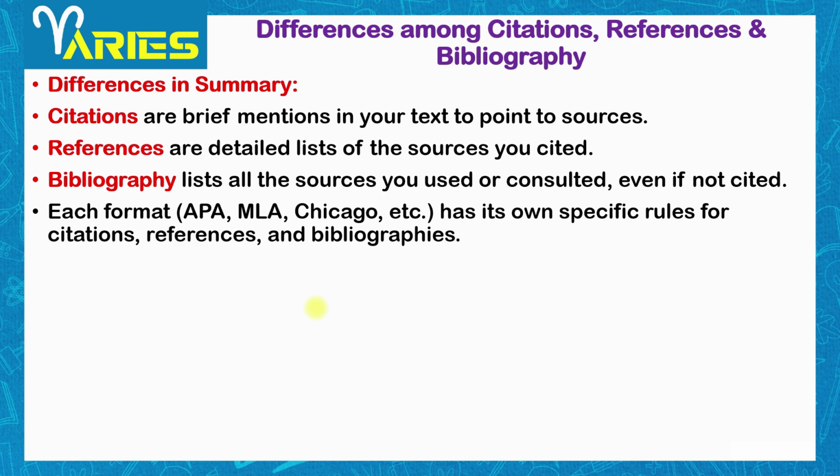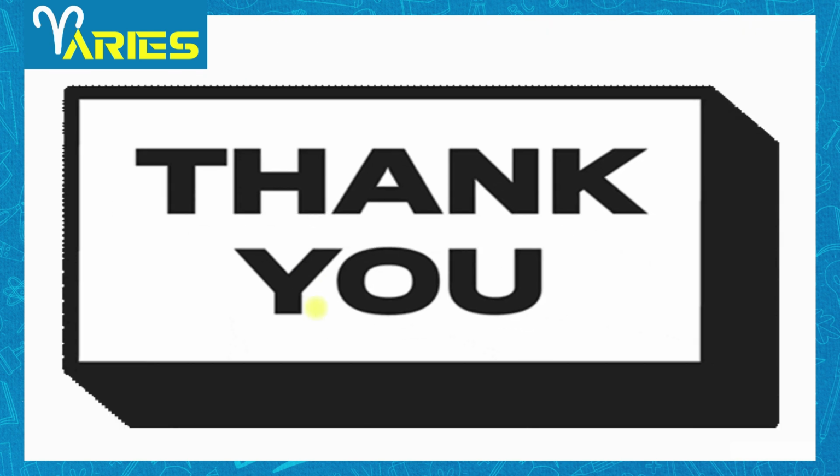So there are various formats, as I said before. Each format, that is APA style, MLA style, Chicago style, etc., has its own specific rules for citations, references, and bibliographies. As I said, in the further video, I would explain in detail all these different styles of references and citations. So keep watching.